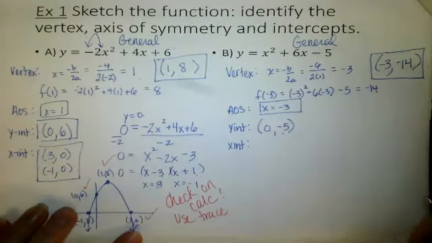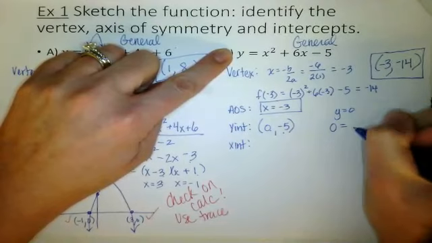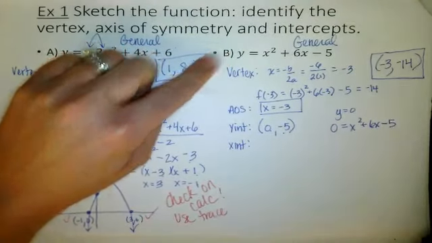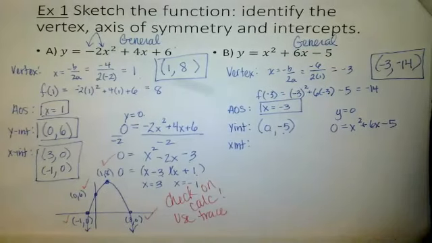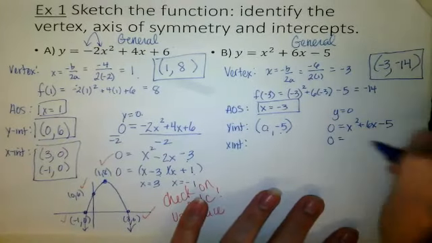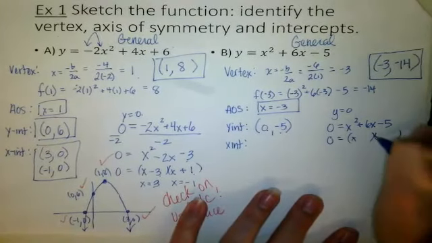X-intercept. How do you find an x-intercept? Set y equal to 0. So we have 0 equals x squared plus 6x minus 5. And then how do you solve for x? Double bubble. Does this double bubble? Let's see. X times x is x squared.